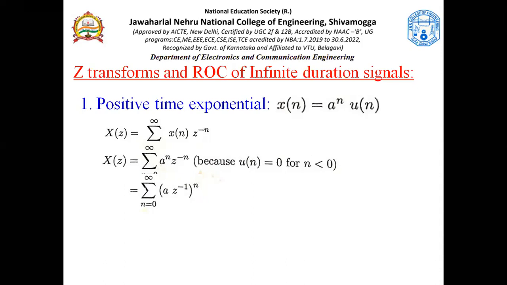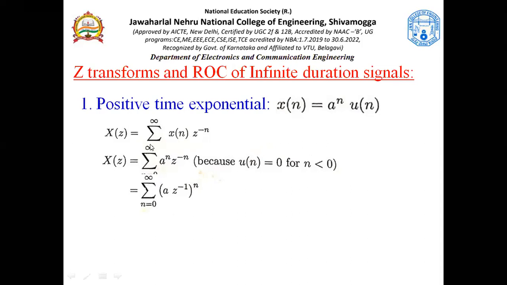No, we cannot write that because there are infinite such terms. So when we are dealing with infinite sequences, you need to arrange this properly. 0 to infinity is what we need here. Why is it from 0 to infinity? Because u of n is there. U of n should have been there here, but u of n is substituted as 1, and after substituting u of n as 1, it is made 0 to infinity.